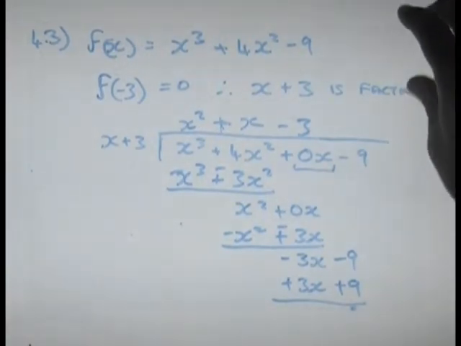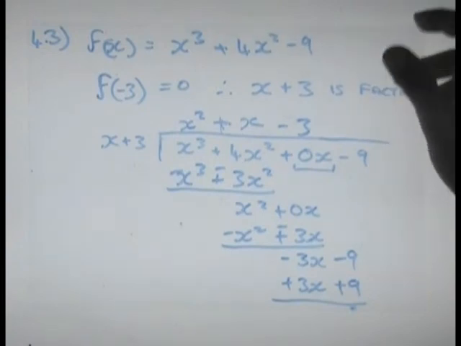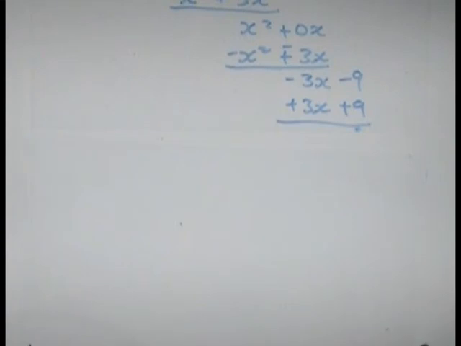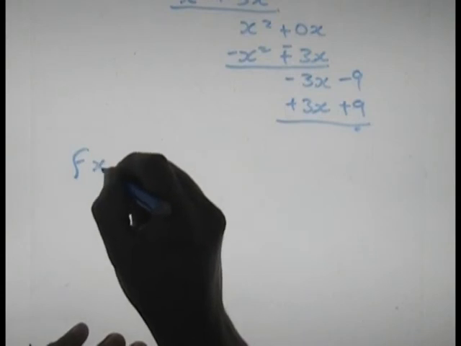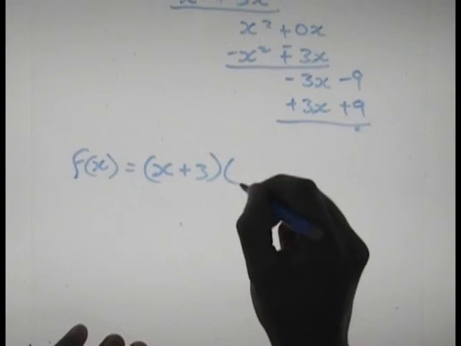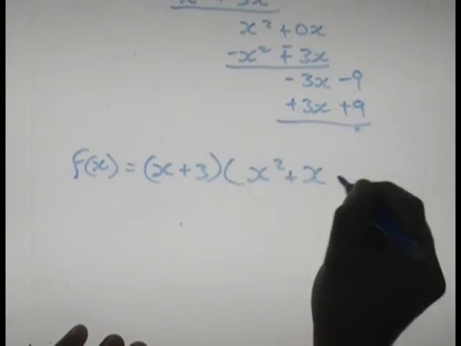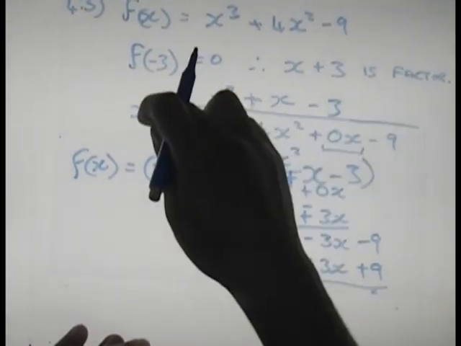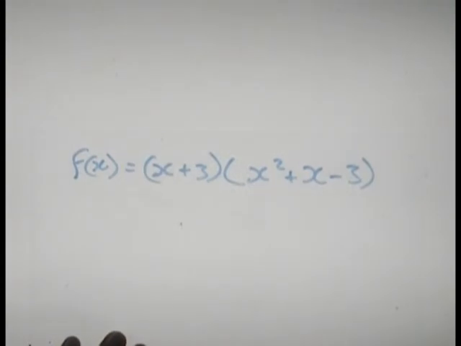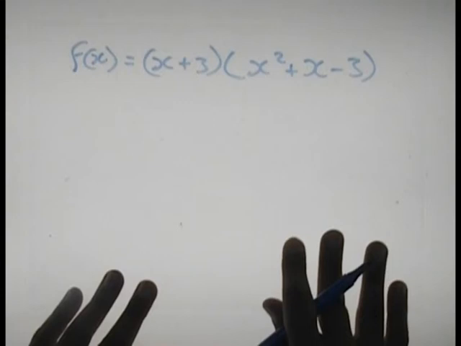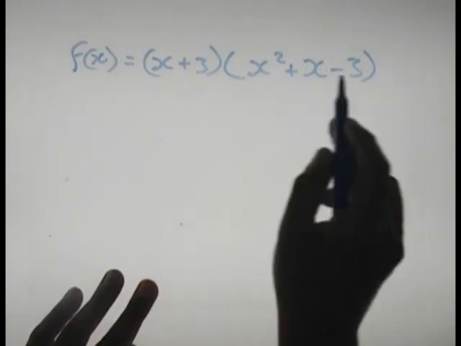That means that f of x, which is equal to x cubed plus 4x squared minus 9, is equal to, once it's factorized, x plus 3 multiplied by x squared plus x minus 3. This here is the simplest form.